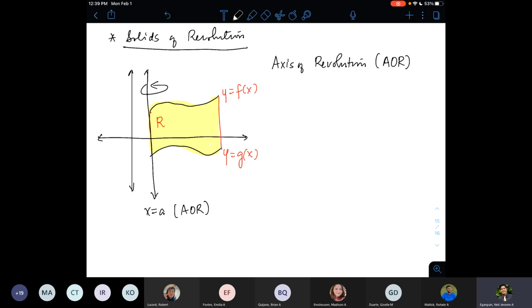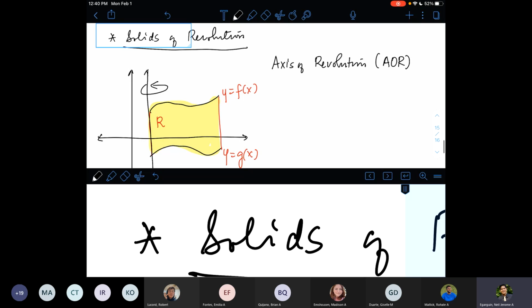So imagine having the solid at the back and pointing out of your screen. So you'll have that solid. And the volume for that solid can be computed using either of two methods, the disk or washer method or the cylindrical shells method, right?